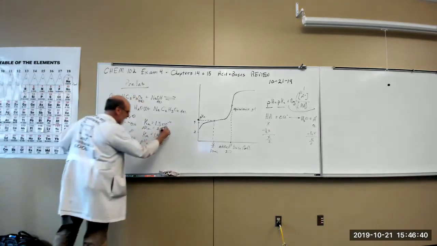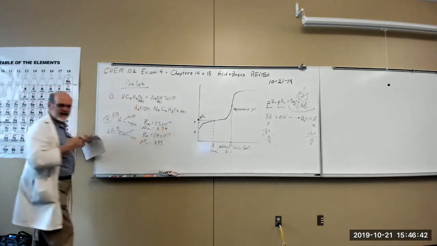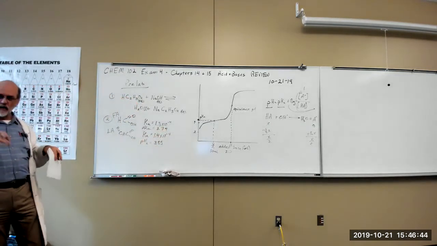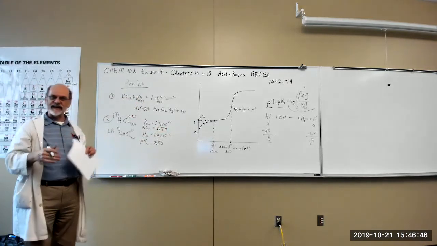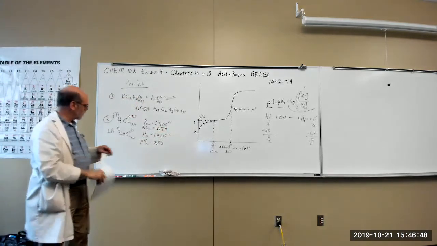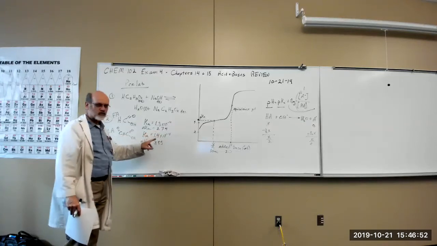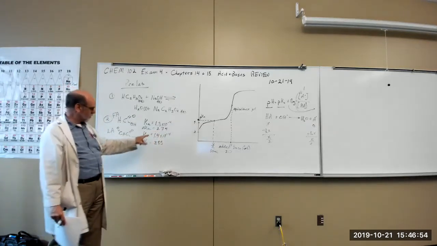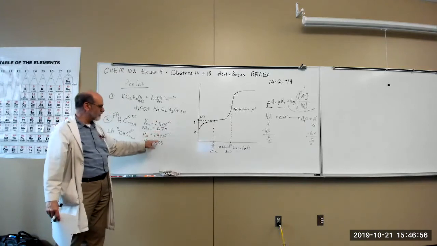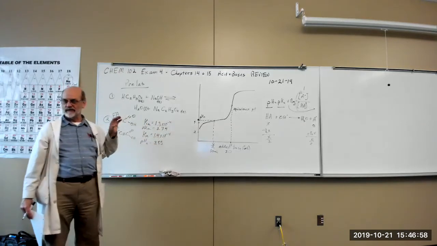So the pKa's are like the pHs. The lower the number, the more acidic. The lower the pKa, the stronger the acid. So 3.74 is less than 3.85, which makes this one stronger.